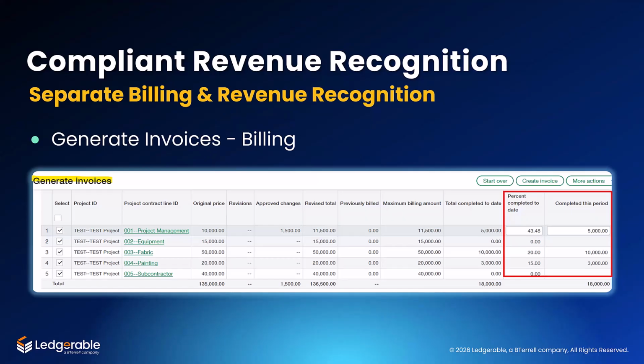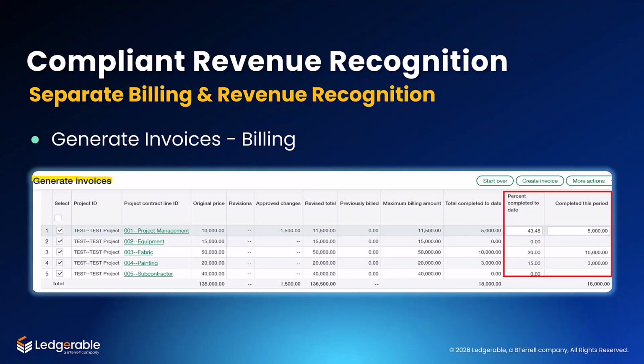So, depending on how the project is structured, the user can decide how to bill. If billing is based on amount completed, they can enter how much a project has been completed to date. For example, looking at the lines here, project management may be billed at $5,000, fabric at $10,000, painting at $3,000, and so on.